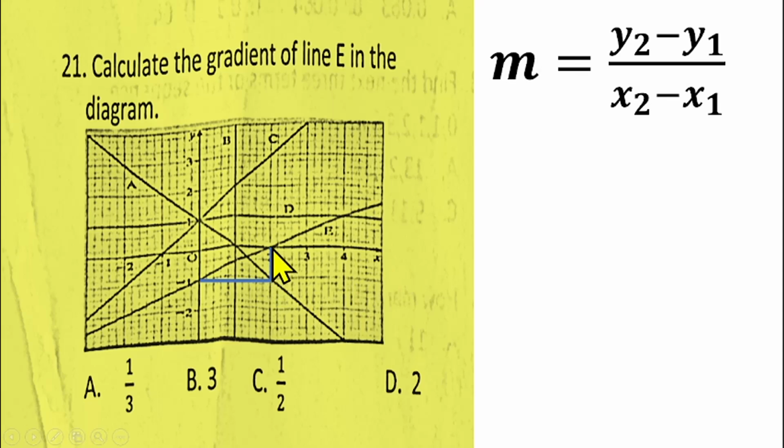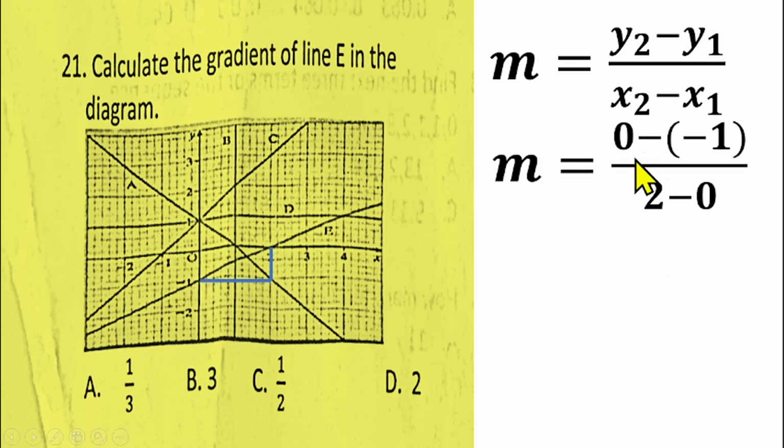In this case, our y2 will be 0 and our y1 will be minus 1. So we'll have 0 minus 1 over our x2 is 2 here, and our x1 is 0 also. So we'll have 0 minus 1 over 2 minus 0. That will give us 1 over 2, which is option C for question number 21.